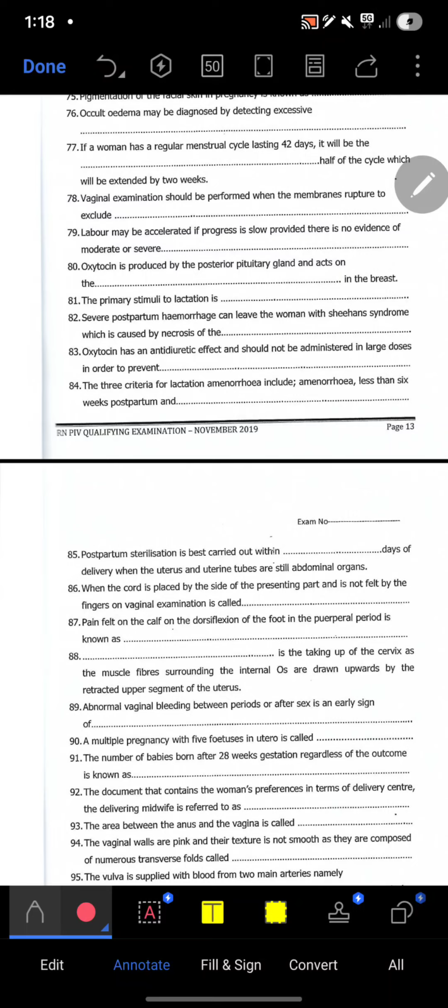83. Oxytocin has an antidiuretic effect and should be administered in large doses in order to prevent. The correct answer is water intoxication. 84.